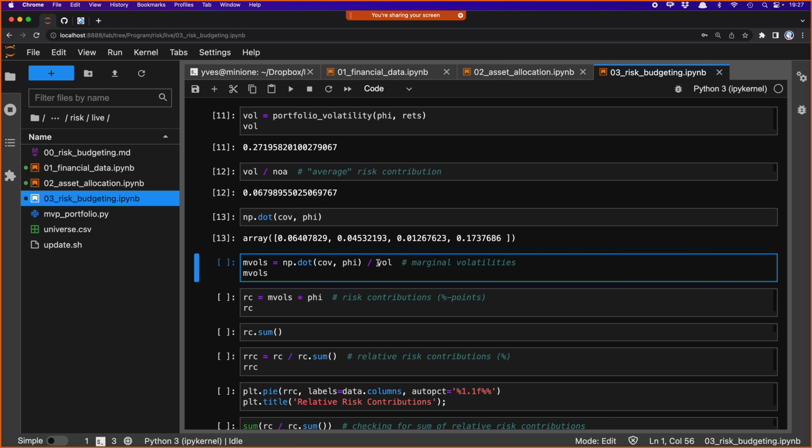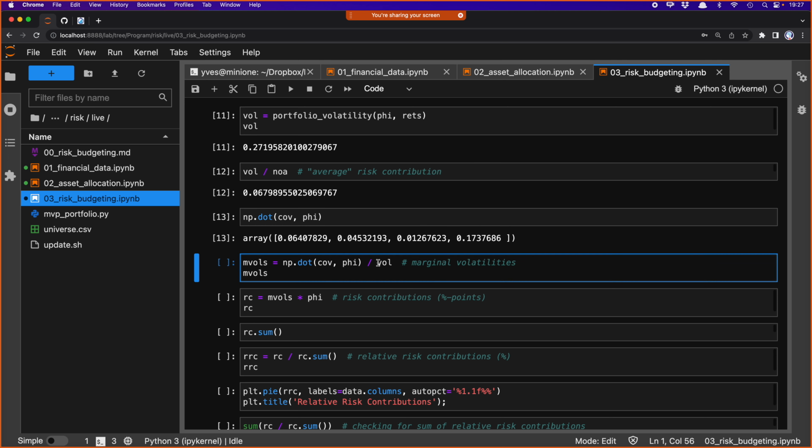So these are the marginal volatilities, right? We see here larger, smaller, smaller, larger. So that's completely different. Not a single one here is close to 6.8. That's the average, but these are the real marginal ones.